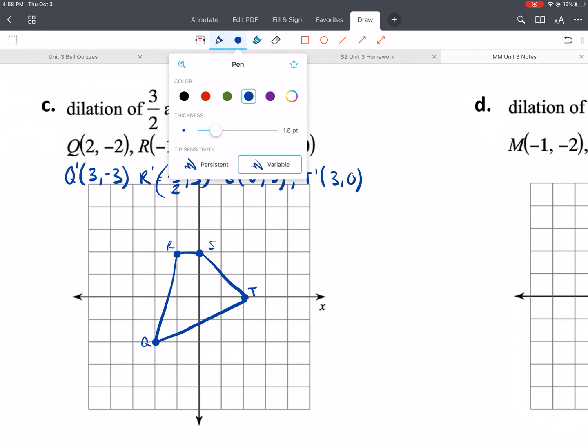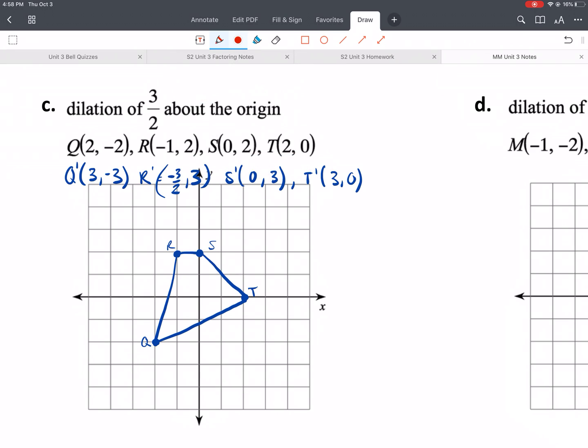So I'd use maybe a different color. We'll do red again. So 3, negative 3, be Q prime. Negative 3/2, 3 would be right here, R prime. And then S prime would be 0, 3. And then T prime would be 3, 0.